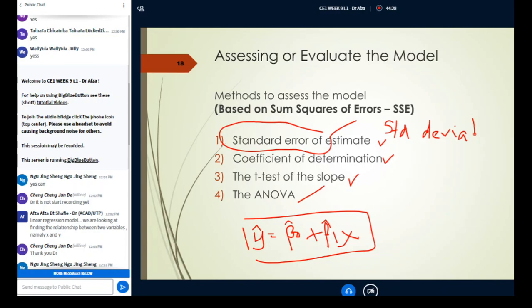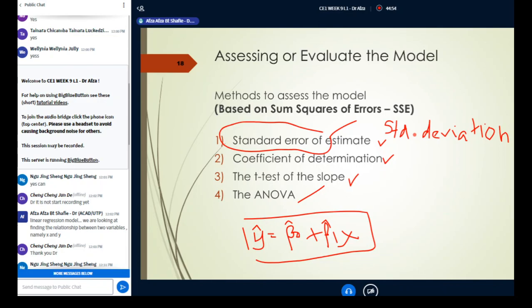So if our standard deviation between the observed and the predicted is small, that means our matching is good. So meaning to say that our model is good. This is what we want to look at.